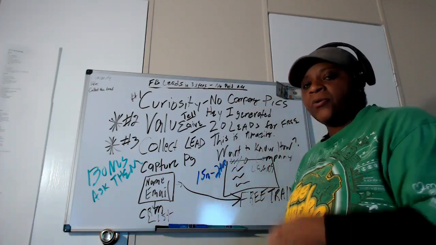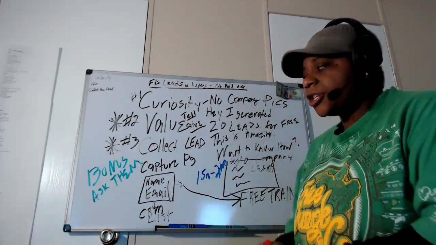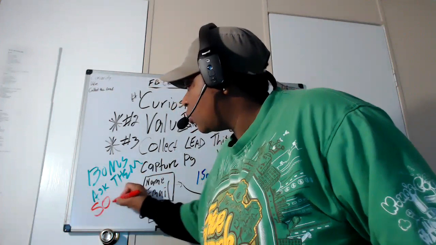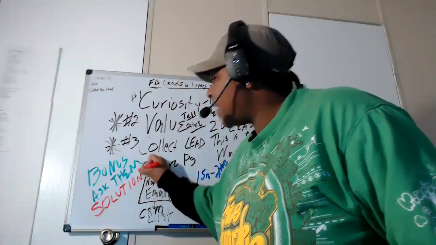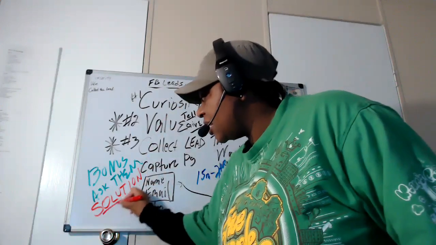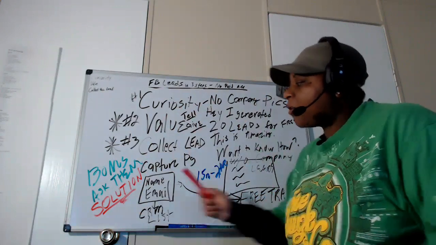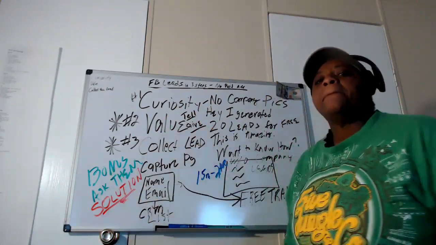Now, for you guys who are saying my number one job is to sell, no, it's not. This is your number one job: to present a solution. That is your number one job. Solve problems. The more problems you solve, the more money you will make.